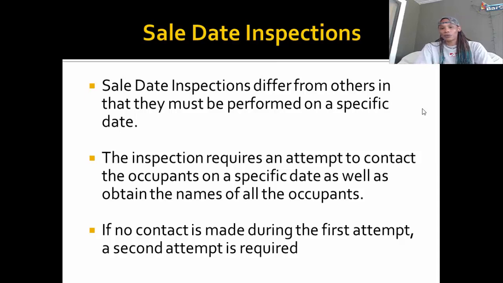If it's a tenant, try to get the tenant's name. They want to obtain the name of whoever's living there. So if no contact is made during the first attempt, a second attempt may be required, because these inspections are important.